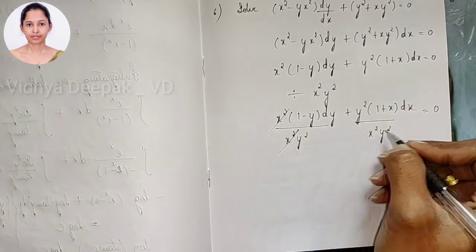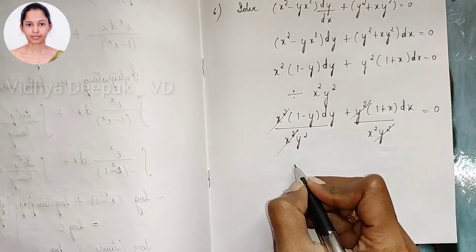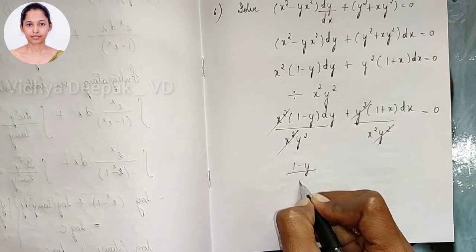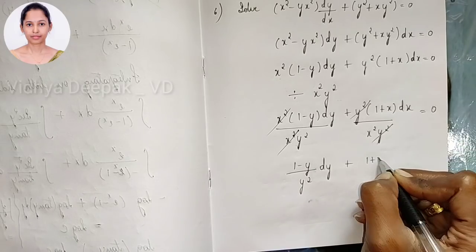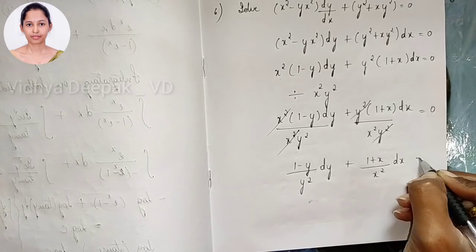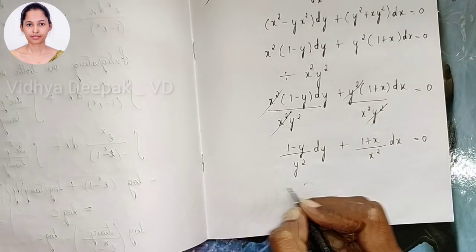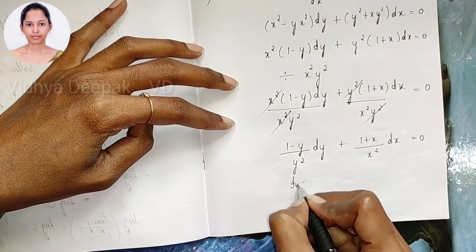So x square gets cancelled, y square gets cancelled. What is remaining here? 1 minus y divided by y square into dy plus 1 plus x divided by x square into dx is equal to 0. Now we are integrating on both sides.